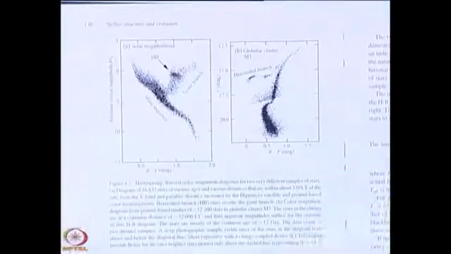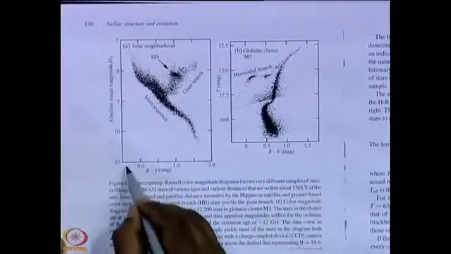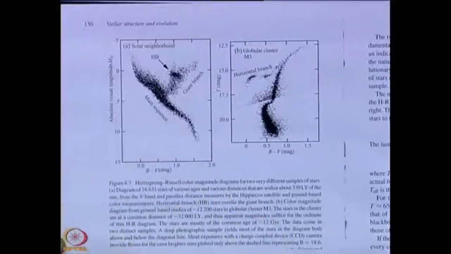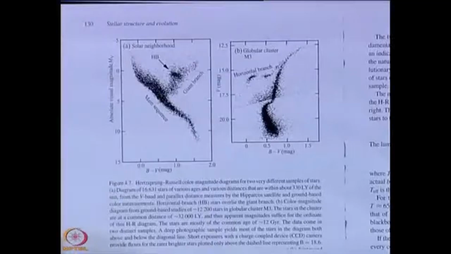Okay. So if I have stars and I plot them on the main sequence, along the x axis I have the temperature, along the y axis I have the luminosity. So just try to visualize.